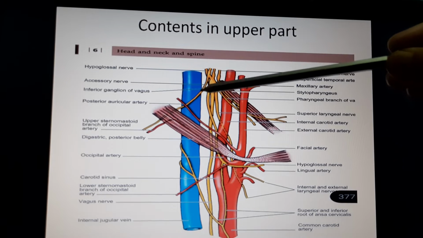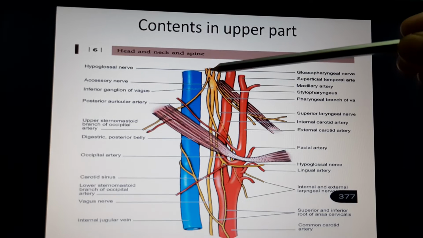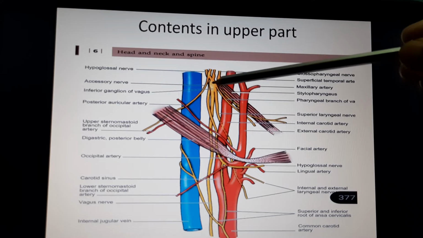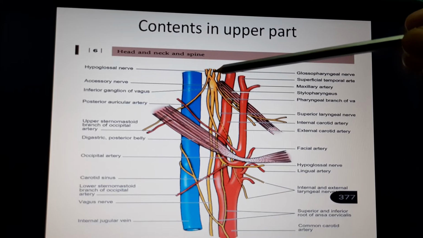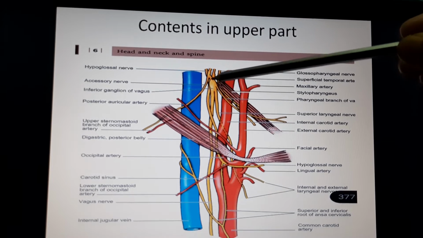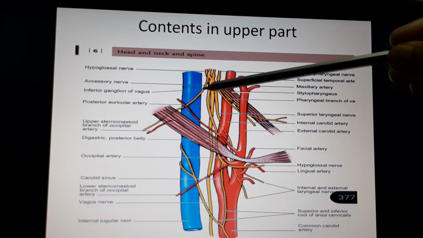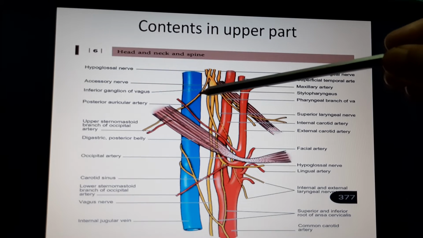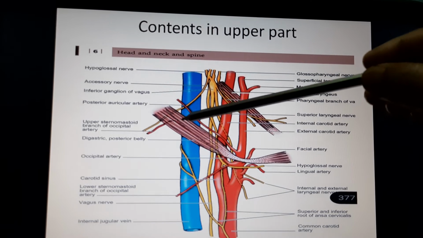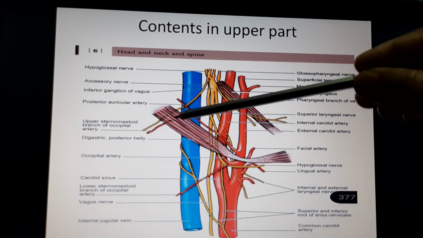This nerve is the accessory nerve, and at this point you can see that it divides into the spinal part and cranial part. The cranial part merges with the inferior ganglion of the vagus nerve, and the spinal part is coming downwards and inferiorly, anterior to the internal jugular vein, and it passes beneath the posterior belly of digastric.